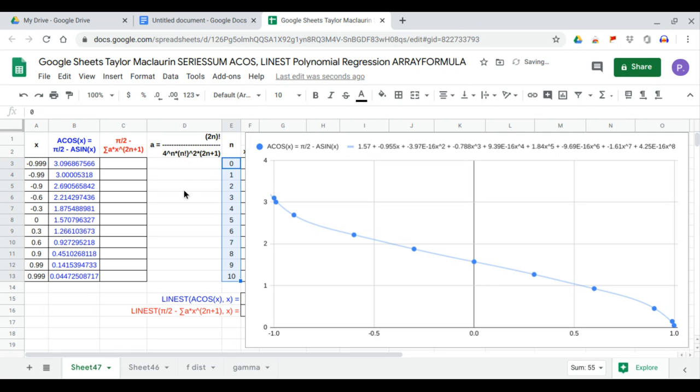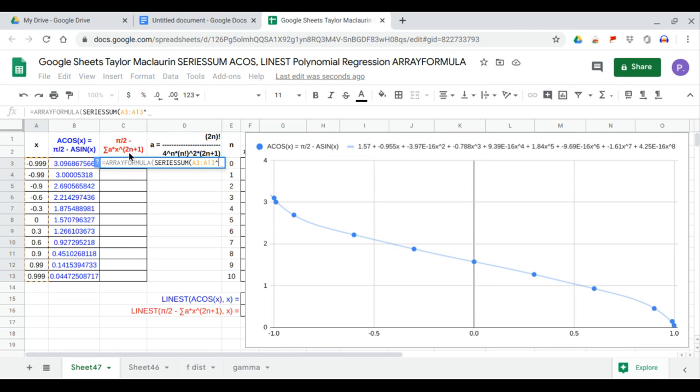We cannot reach infinity. So we enter the formula for the arc sine or the inverse sine. So array formula, series sum. So this is the expansion of arc sine. The x values, a times the x values raised to the power, starting with 2n plus 1. So n equals 0.